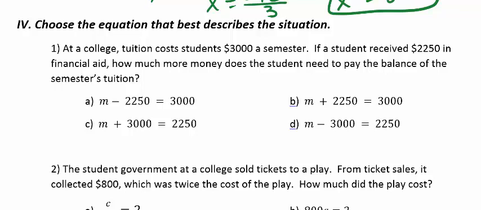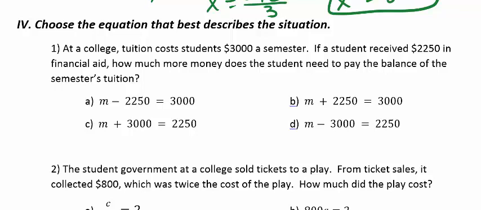In part 4, we're going to choose the equation that best describes the situation. At a college, tuition costs $3,000 a semester. If a student received $2,250 in financial aid, how much more money does the student need to pay the balance of the semester's tuition?